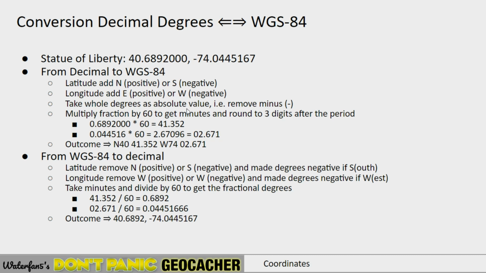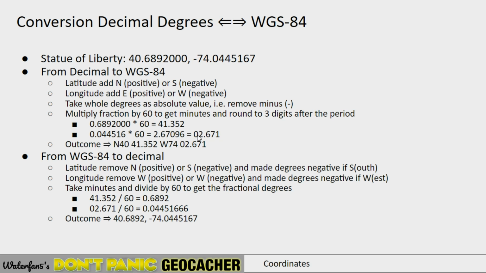Now you take the whole degrees and use that as a value, so we no longer deal with negative numbers, and the fraction you multiply by 60, and you round it to 3 digits. So if we take this and we multiply by 60, we get 41.352, and the same, we take the fraction here, we multiply by 60 and we get 2.6, and we add that leading 0.